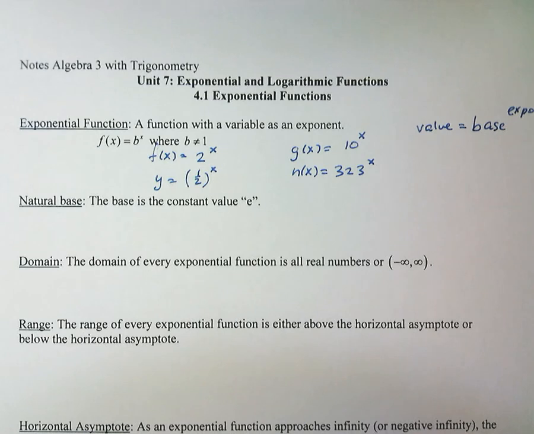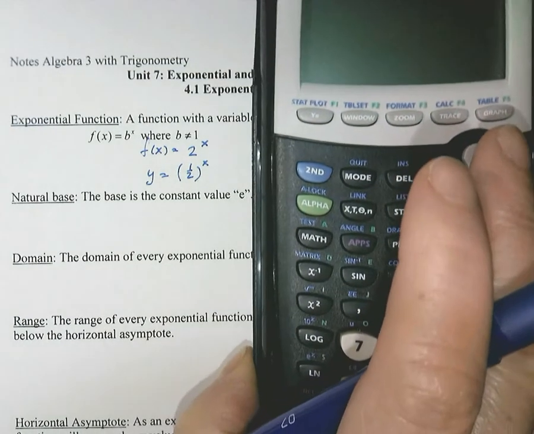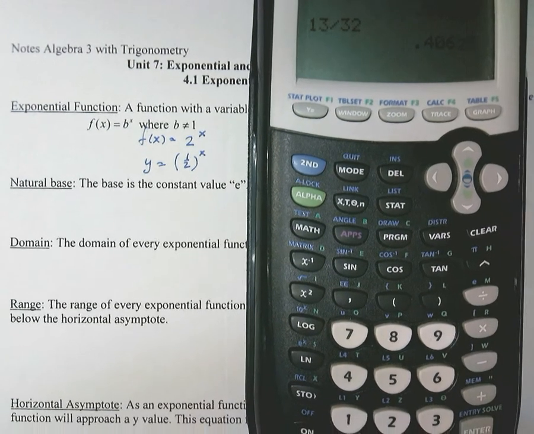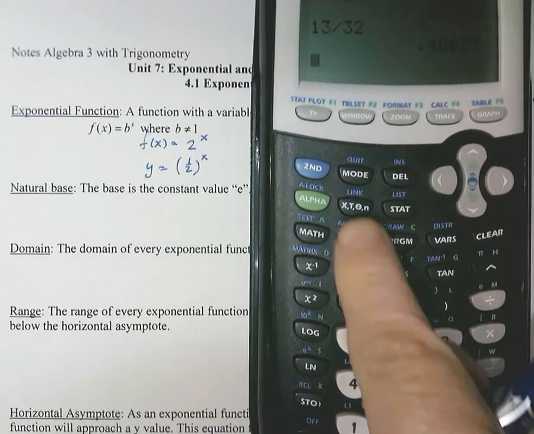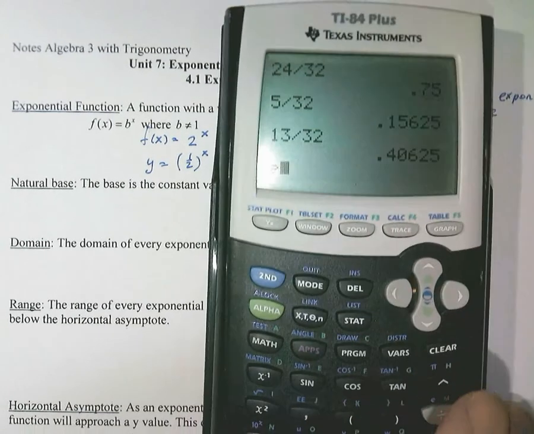If an exponential function has a natural base, the base is the value e. So e in your calculator is in two different places. I can find it over here with the division symbol. So it'd be second, and then the division symbol gives me this value for e.